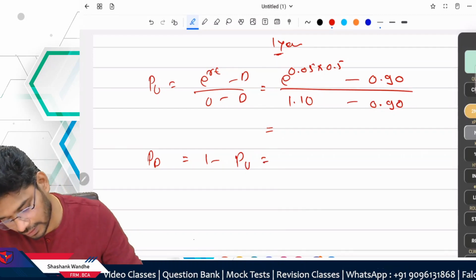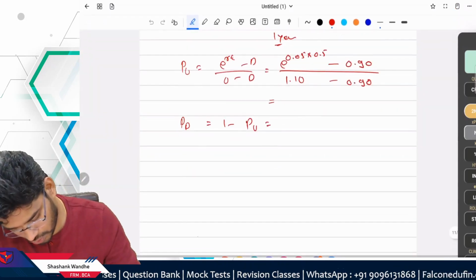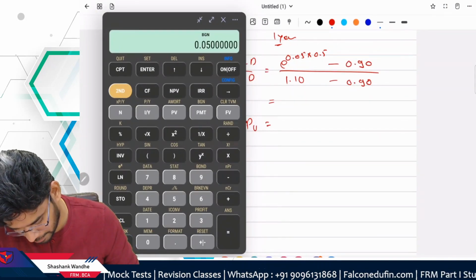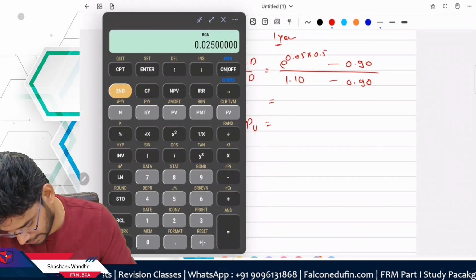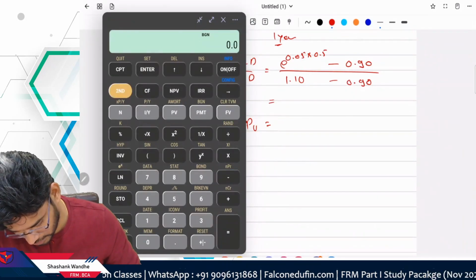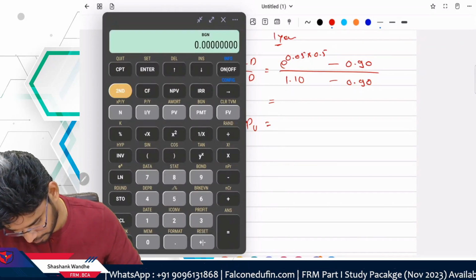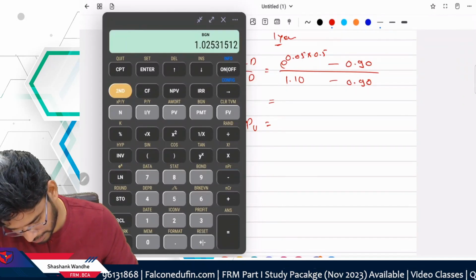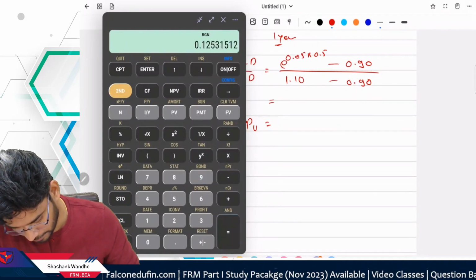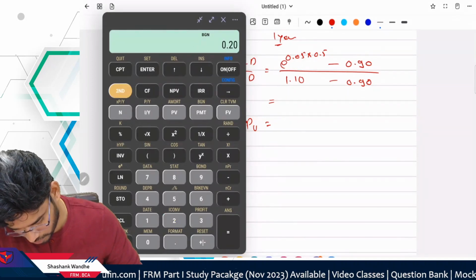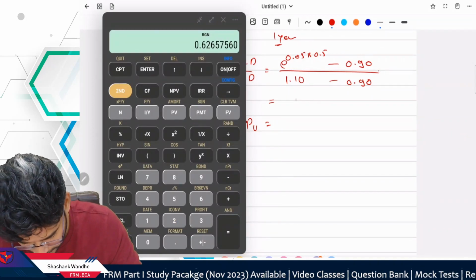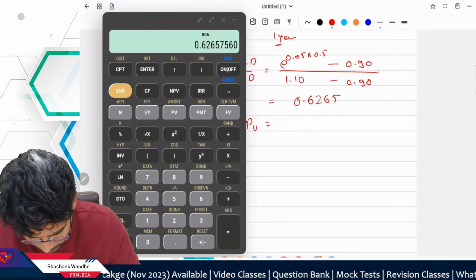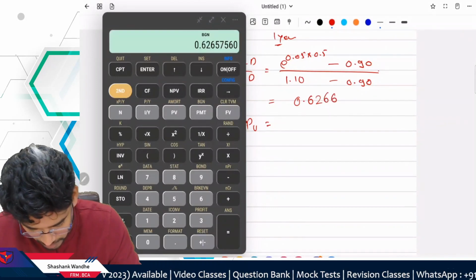So let's solve this. 0.05 multiplied by 0.5, second exponential, minus 0.90, whatever is the answer divided by 0.20 is equal to 0.6266.